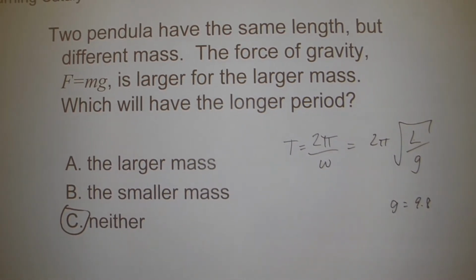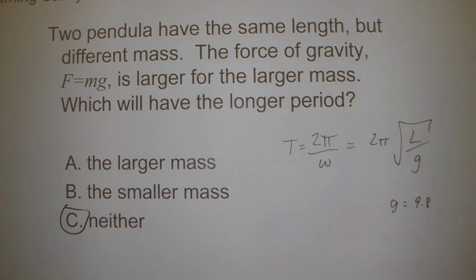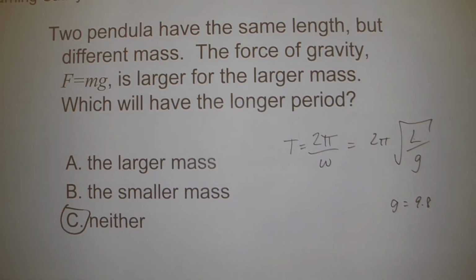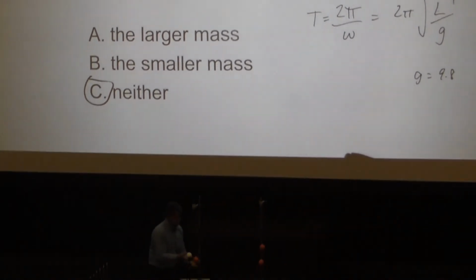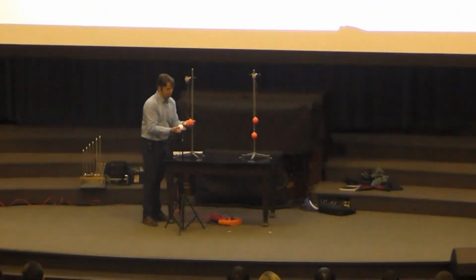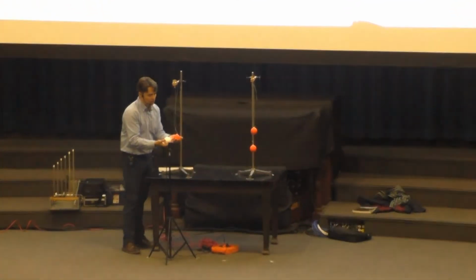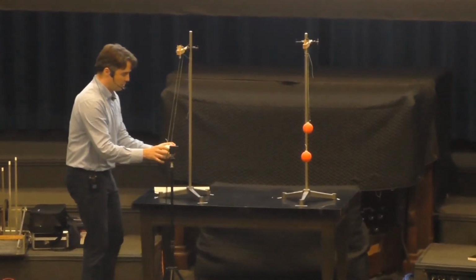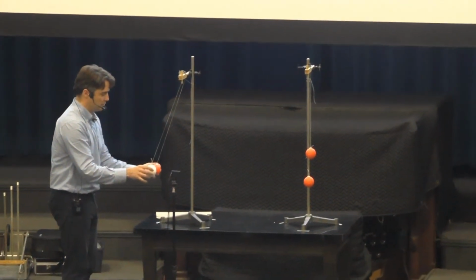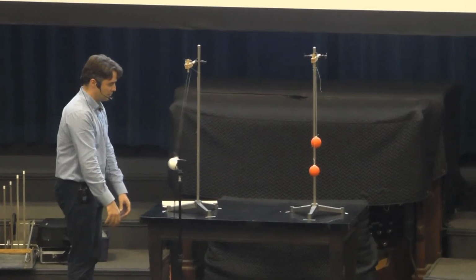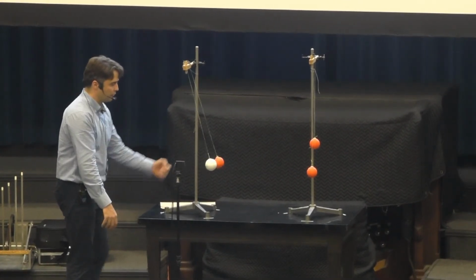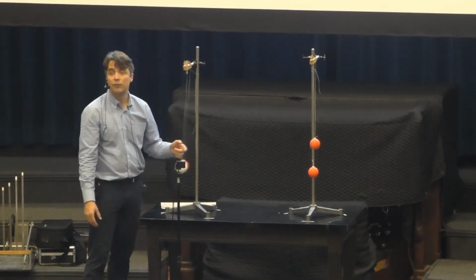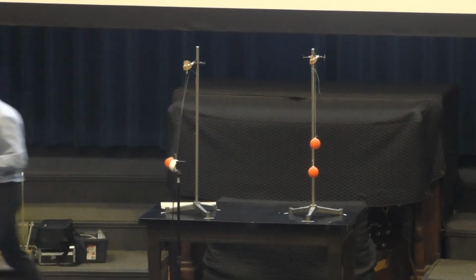So the mass is canceled out. And if we do that with this, we have a light ball, a styrofoam ball, and we have a significantly heavier hockey ball, and we pull them both at the same small angle and release them. They oscillate together, even though the force of gravity is much greater for the orange one.